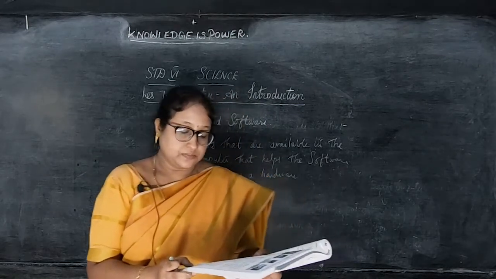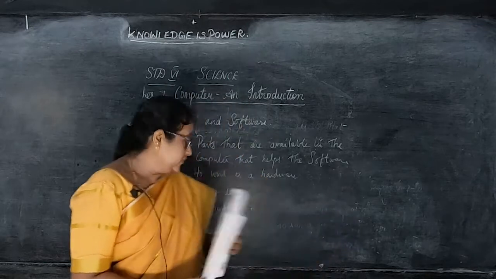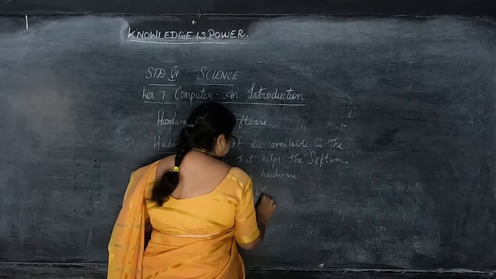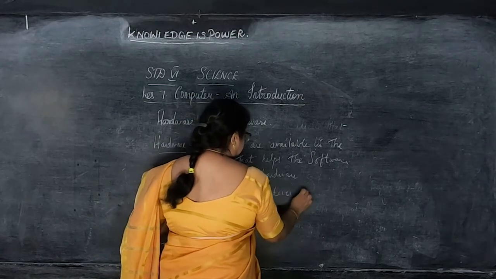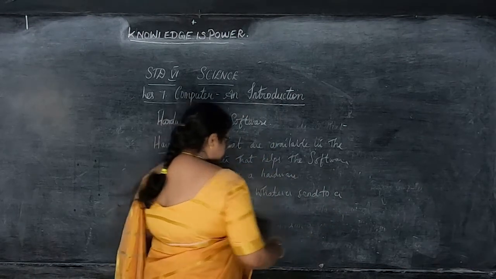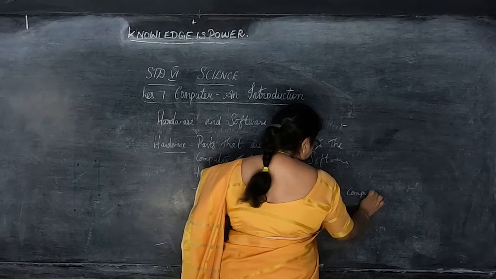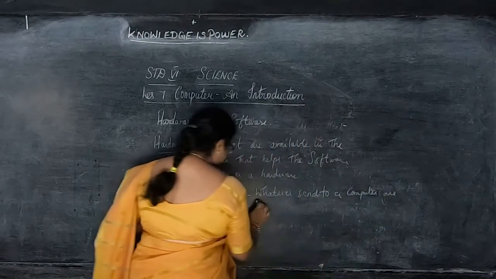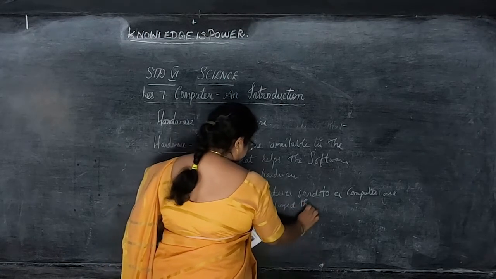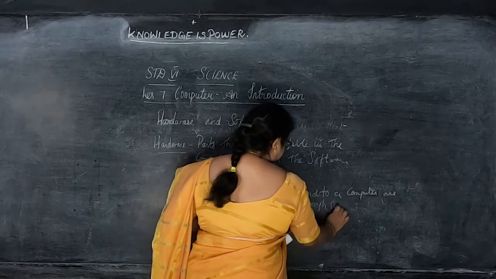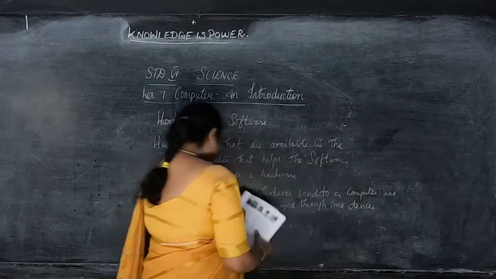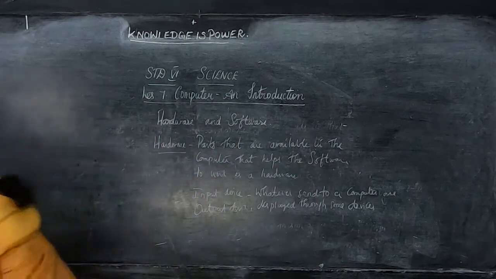Okay, children. Then input device and output device. Whatever we send to a computer through some devices, these are called input devices.